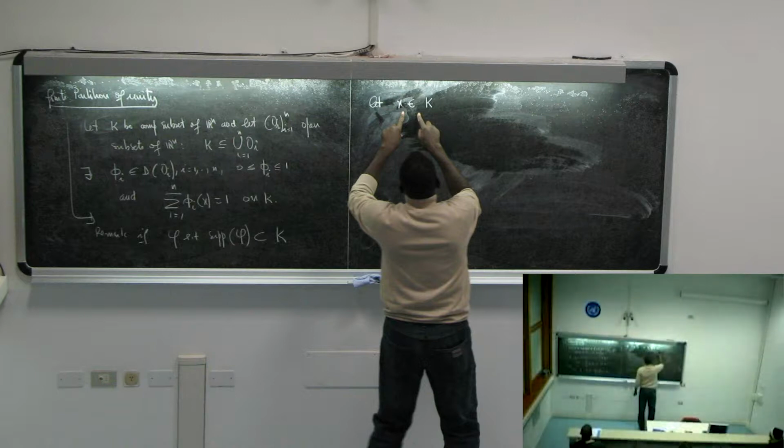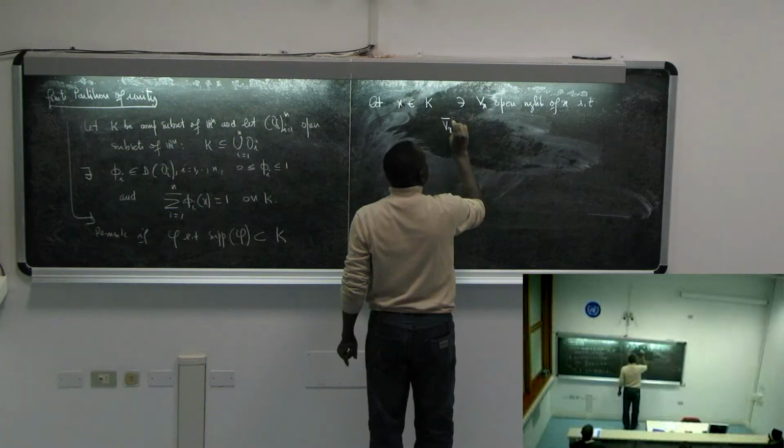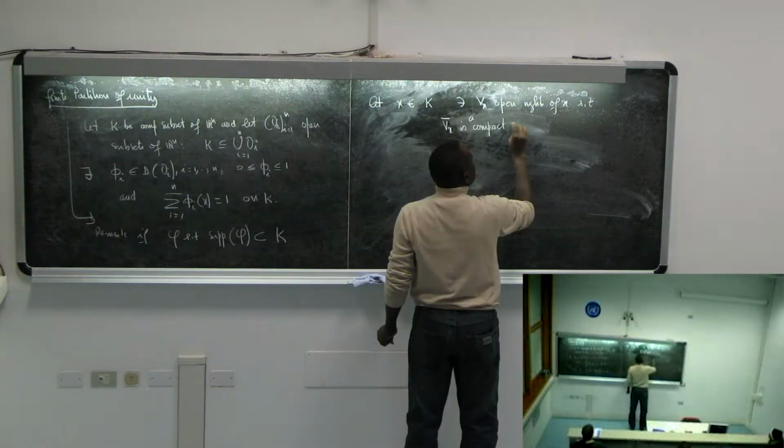neighborhood of x, such that V_x bar is compact, a compact subset of O_j, where x is in O_j.